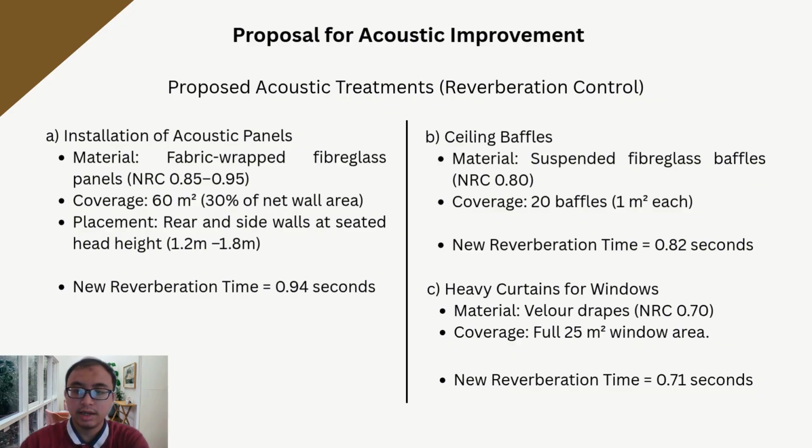And next is heavy curtains for windows. The material is Velodrap, where the NRC is 0.7 and it will cover the full 25 square meter window area. And the new reverberation time is 0.7.